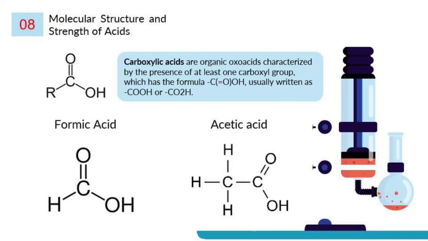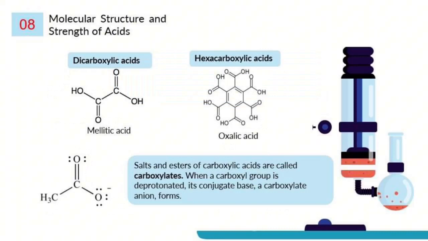For example, formic acid is found in ants, and acetic acid is responsible for vinegar's sour taste; they are among the simplest examples. Carboxylic acids can have multiple carboxyl groups, making them dicarboxylic, tricarboxylic, and so forth.